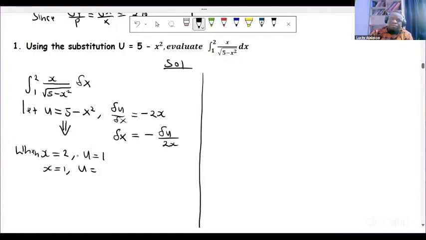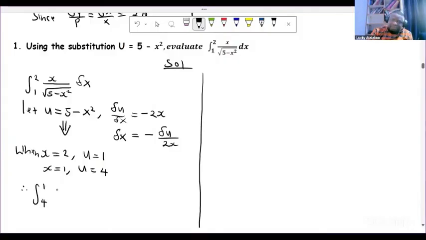Our u will be 5 minus 1 squared, which is 1. 5 minus 1 is 4. So I'm going to use this now to flip our integral. Instead of the bigger value being up, I'm going to put 1 on top and 4. 1 will become my upper limit and 4 my lower limit.